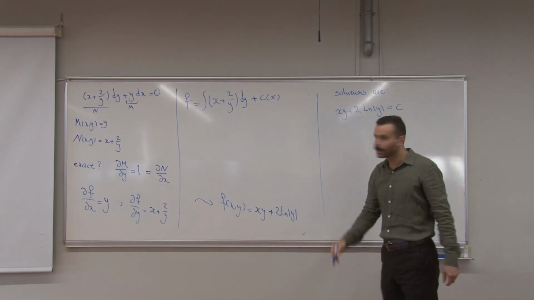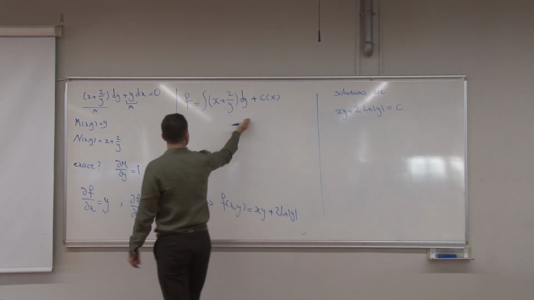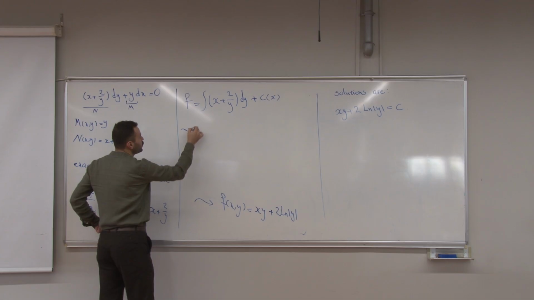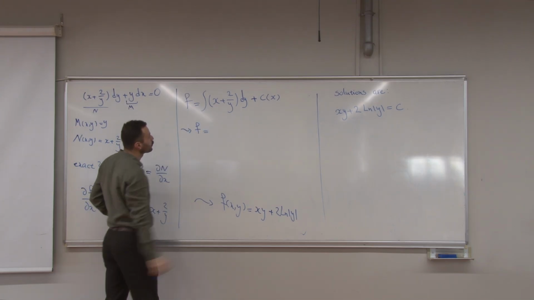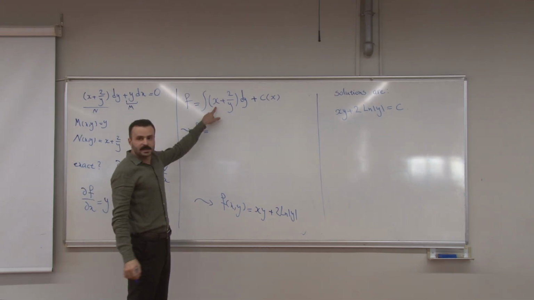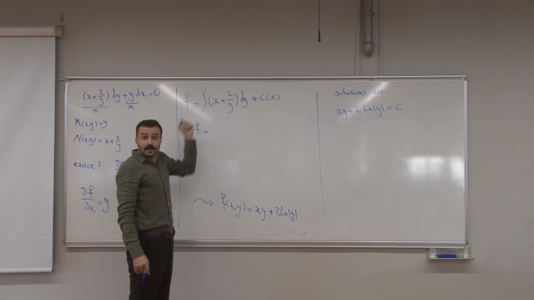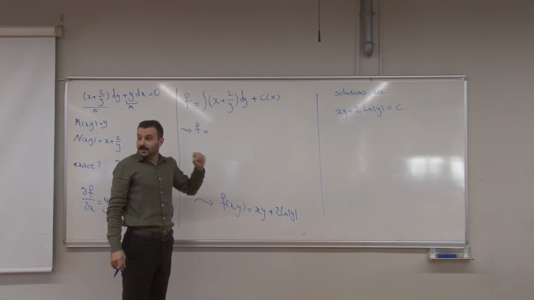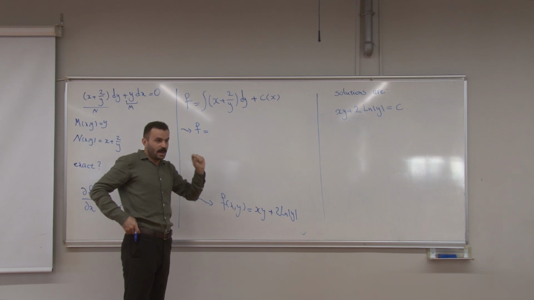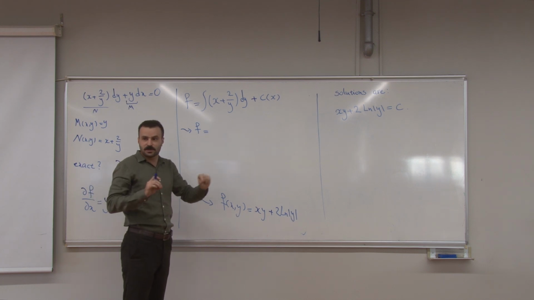Now, can you please calculate this integral? From here, my f is, x is just a constant. Take it out. This is the only case where you are assuming x and y are independent from each other.